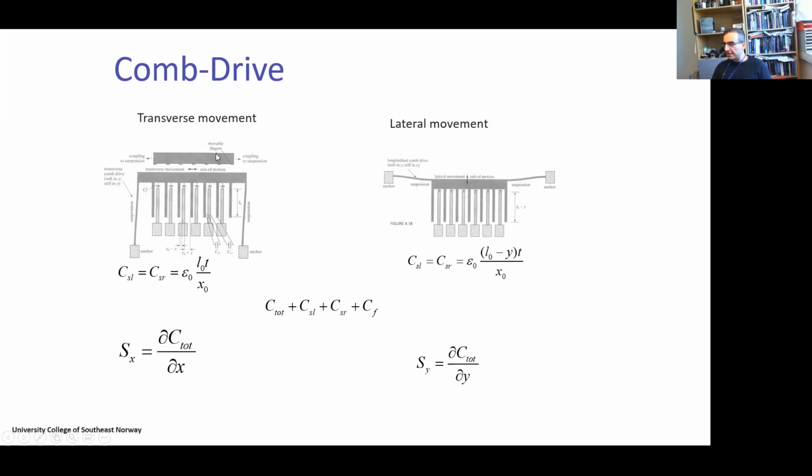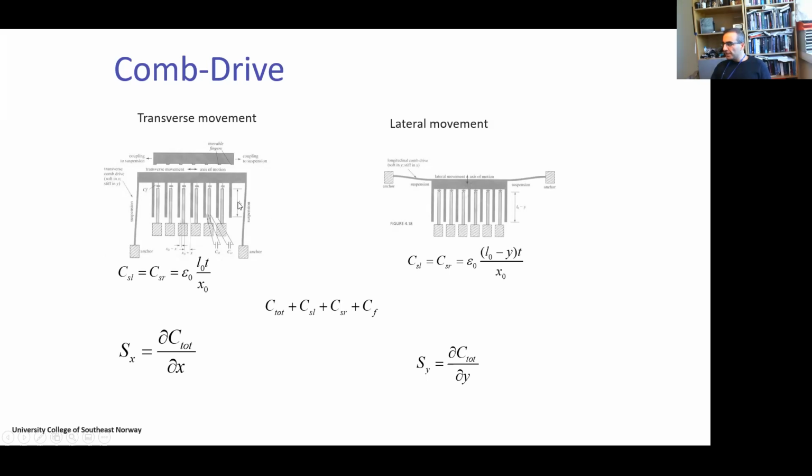In this case, on the left is a transverse movement: if you anchor the movable part with springs which are parallel to the fingers, then we get this transverse movement from side to side. And then the capacitance change will be the change of capacitance between each side of the fingers, which can be easily calculated if we know the sizes of the fingers.